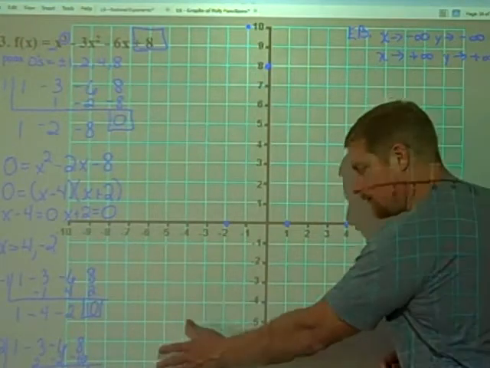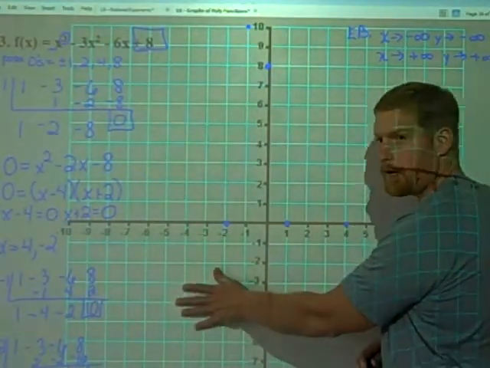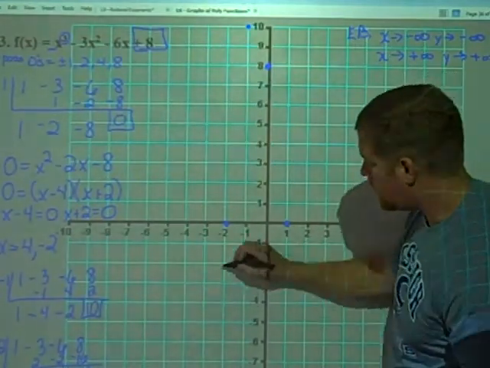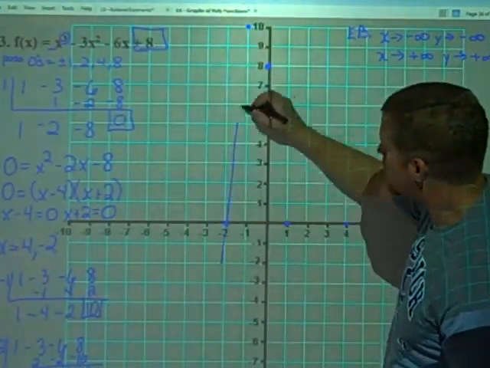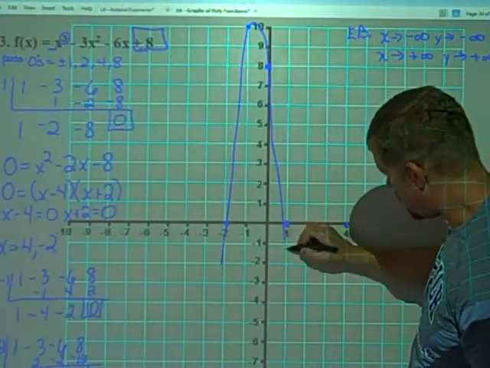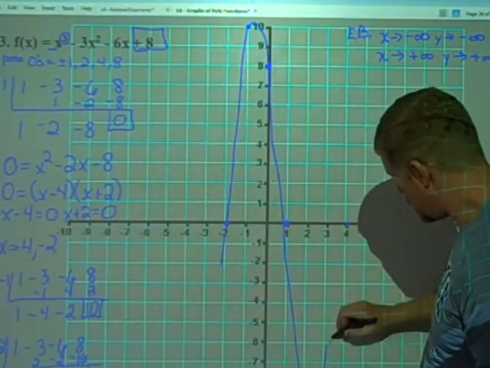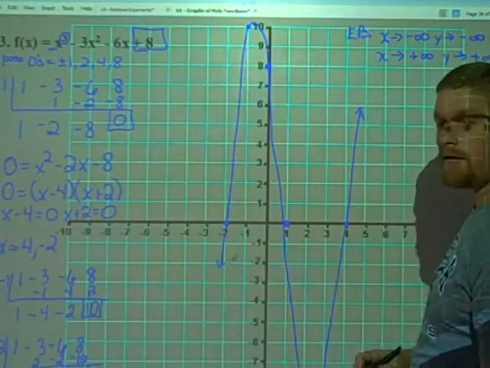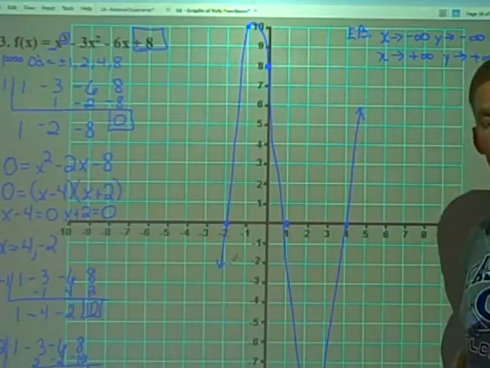So once again, I'm going to be starting down in this area with my arrow and ending up here once I've gone through all of my roots. All right, there is a rough sketch of what our graph would look like.